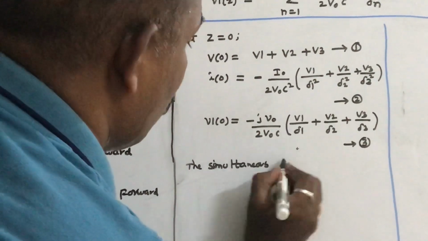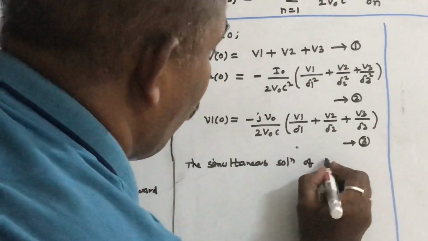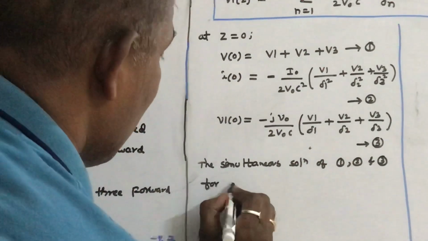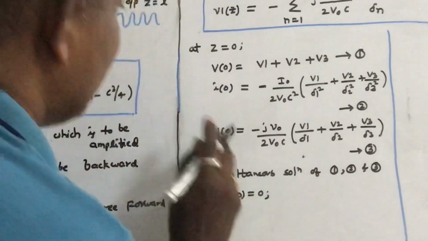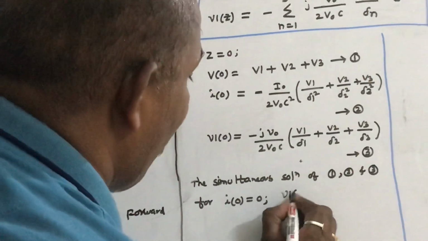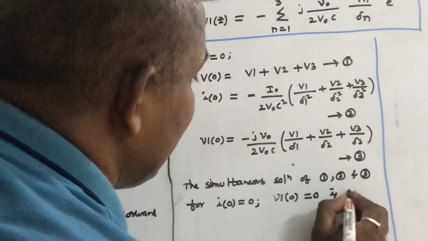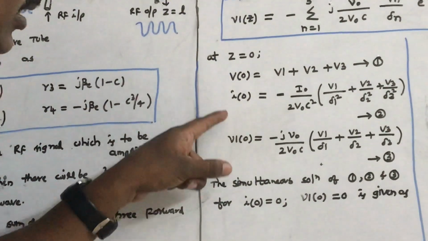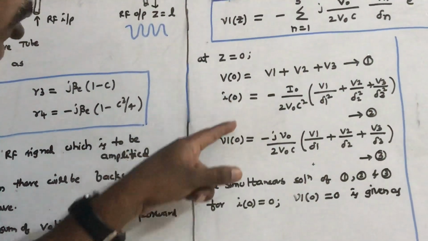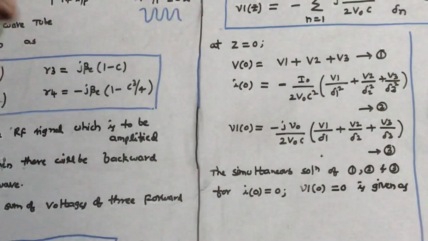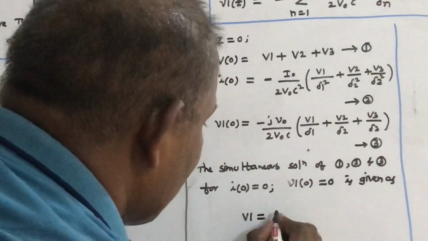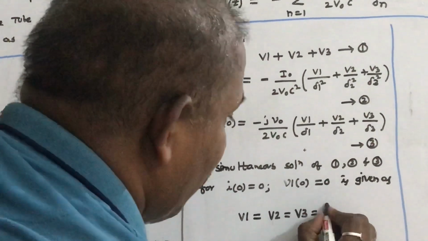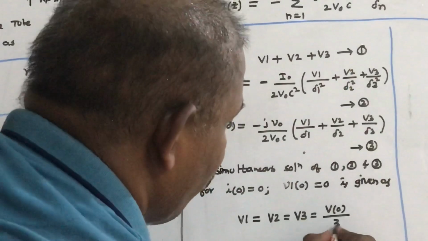The simultaneous solution of 1, 2 and 3 for I of 0 is equal to 0 and V1 of 0 is equal to 0 is given as: V1, the amplitude of the first forward traveling wave, V2, the amplitude of the second forward traveling wave, and V3, the amplitude of the third forward traveling wave, are equal to V0 by 3.